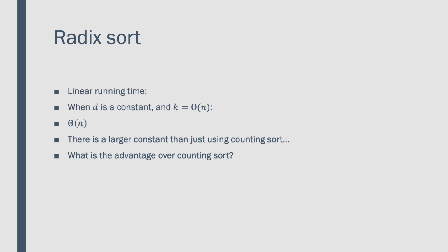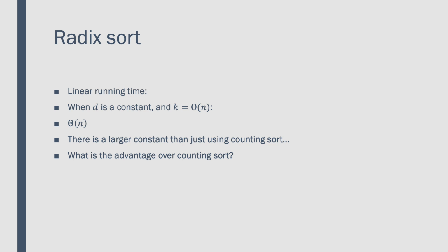Now, why is there a larger constant compared to counting sort? While Radix sort achieves linear time, it often has a larger constant factor due to multiple phases: Radix sort requires d passes over the data, whereas counting sort requires only one pass.